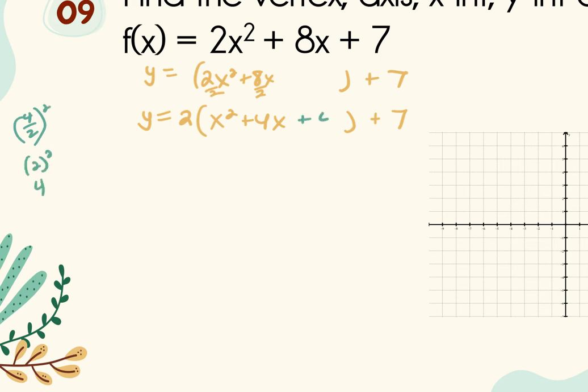I add it here. And normally I would subtract it from the 7. But because we took something out, I have to multiply it first. So now I am actually subtracting 8.